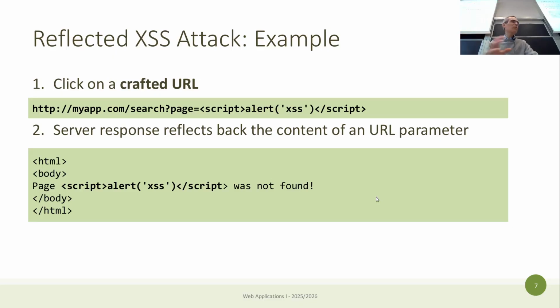So just to be a bit more concrete, okay? Let's see an example, okay? So you have your application, myapplication.com, okay? And you have a classic URL, an API URL, where you can do a search, maybe searching in the pages of your website, in the posts, in the answers, in the example we have, in the films that you have in the lab, and so on, okay? And you search for a page named script something, okay?